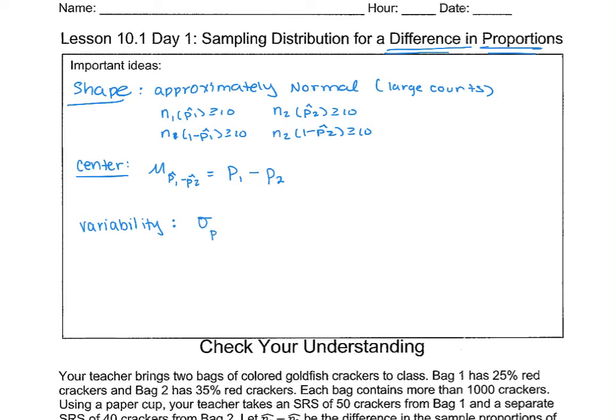The standard deviation of the difference of proportions is equal to the square root of p hat 1 (1 minus p hat 1) over n1 plus p hat 2 (1 minus p hat 2) over n2. This is on the formula sheet, so don't freak out. You don't have to memorize this.